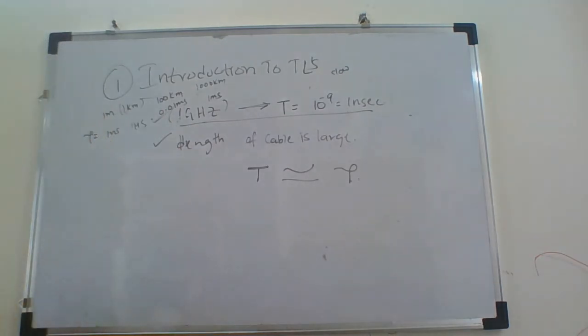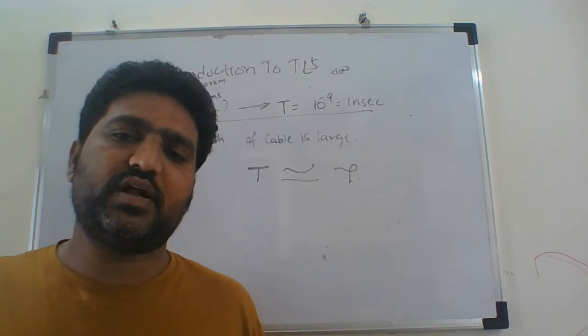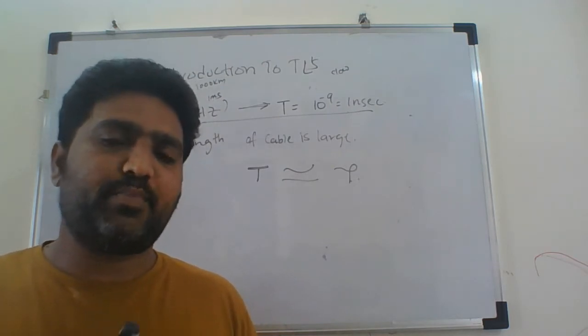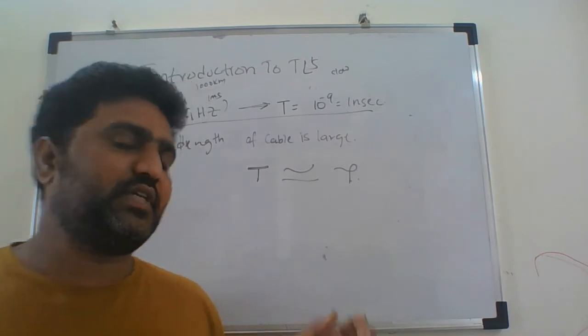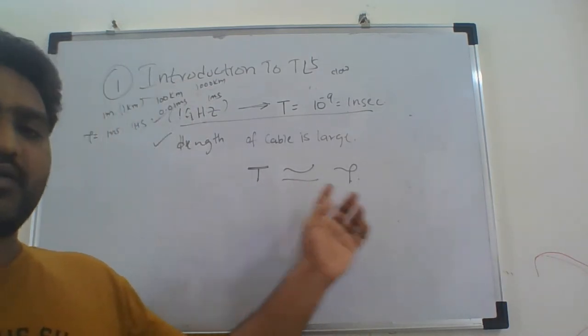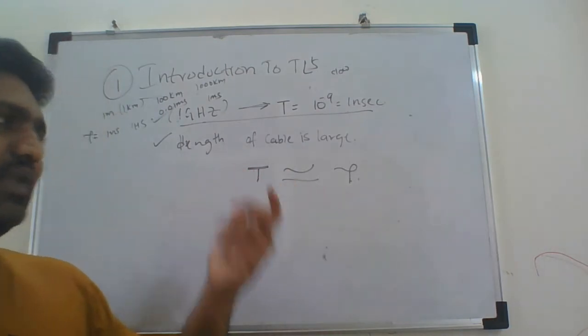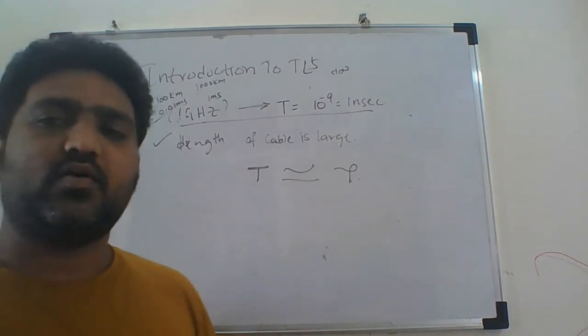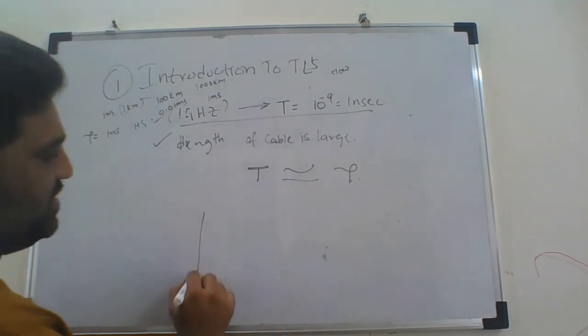I'm not saying exactly equal, but it is in the same range, getting closer to the transit time. So the time period of the signal and the transit time are close to each other, nearly similar.